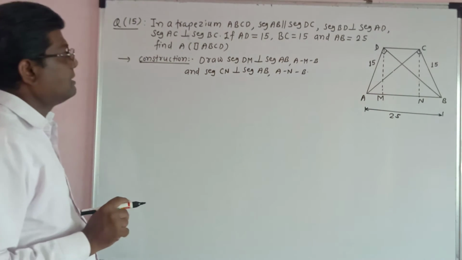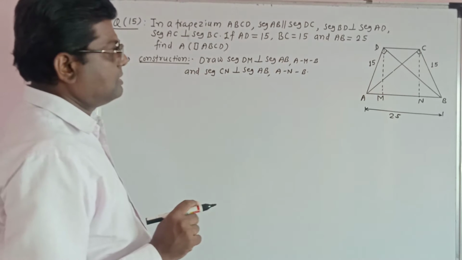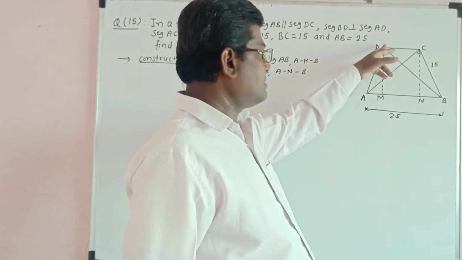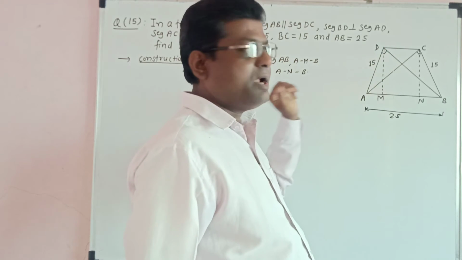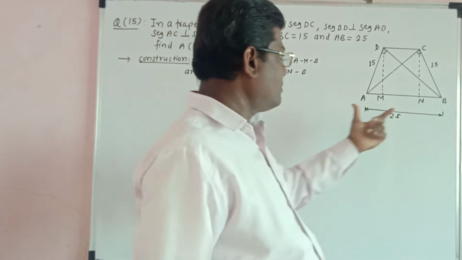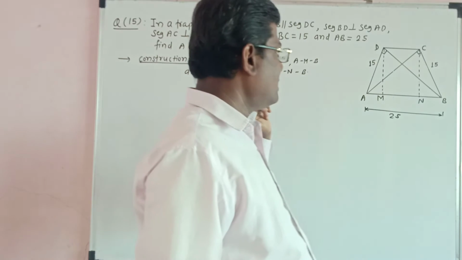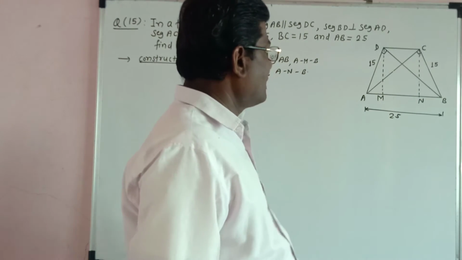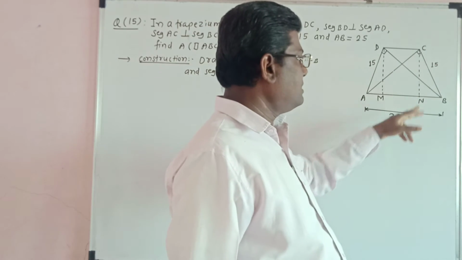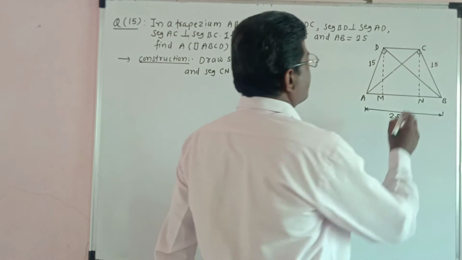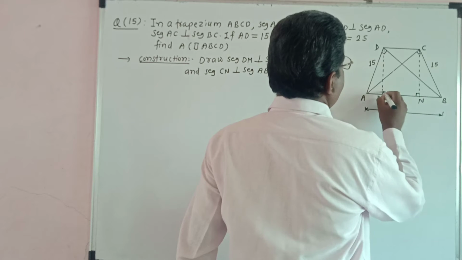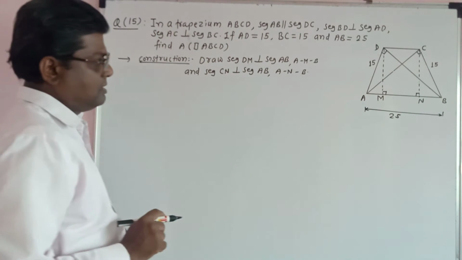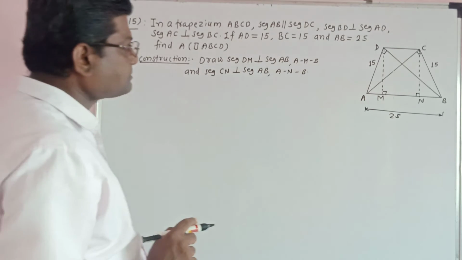Find the area of quadrilateral ABCD. Now construction. Draw segment DM perpendicular to segment AB such that A-M-B, also segment CN perpendicular to segment AB such that A-N-B.